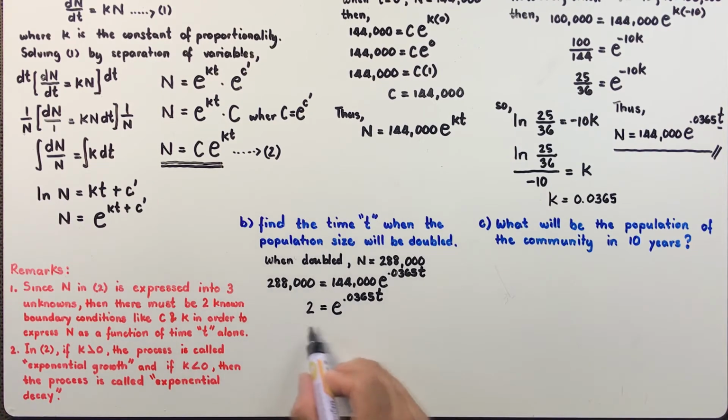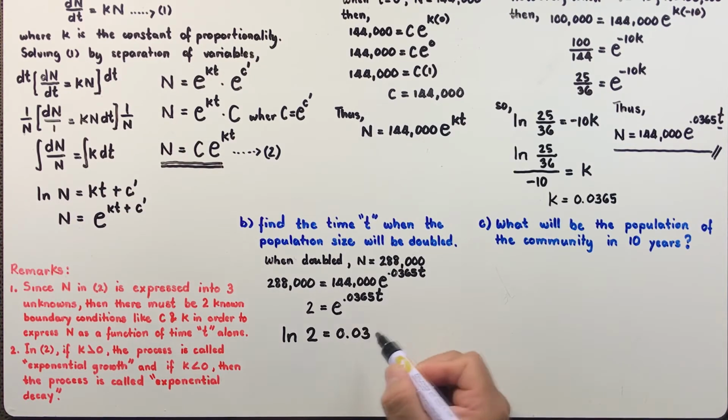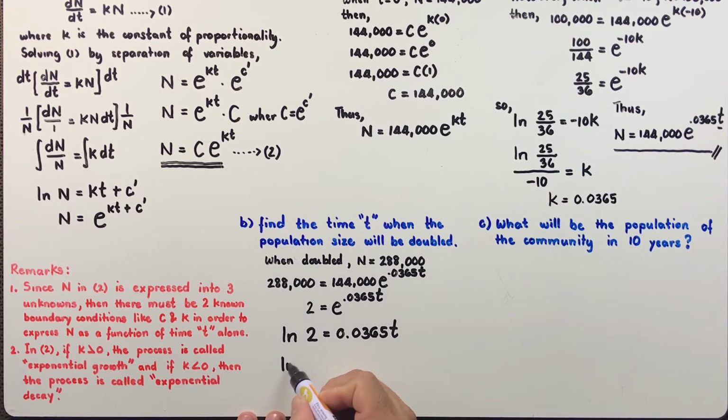Converting this to its equivalent logarithmic form, we have the natural log of 2 equal to 0.0365t. And dividing both sides by 0.0365, we have the natural log of 2 divided by 0.0365 is equal to our time t.